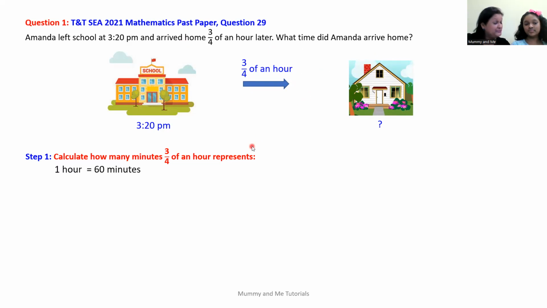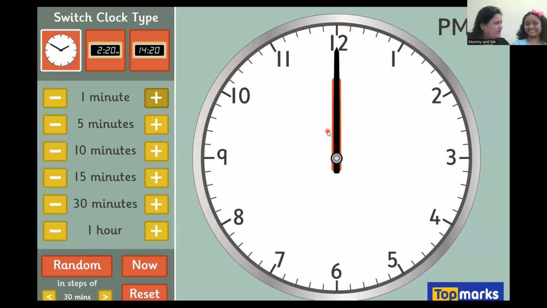What do we know? We know that 1 hour is equal to 60 minutes. Here we have a clock, and let's show you what 1 hour represents. Each one of these lines represents 1 minute. So from here to here represents 5 minutes.